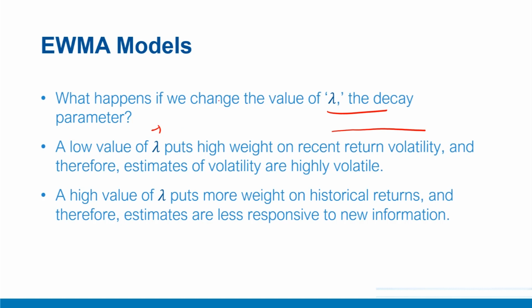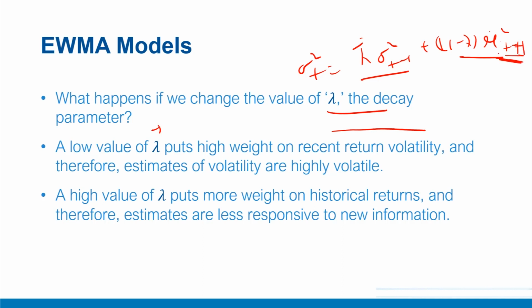For example, if you choose a very low value in this formula, sigma t square equal to lambda times sigma square t minus 1 plus 1 minus lambda into mu square t minus 1, close to 0, then this term will go away and all the weight is assigned to the latest information or innovation or volatility residual that arrived, mu square t minus 1. So all the weight is given here. While this estimate would be very informative in terms of its recency, it will be very fluctuating. It does not account for historical levels of volatility.